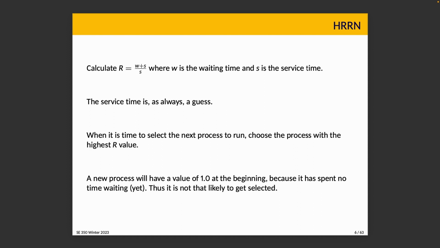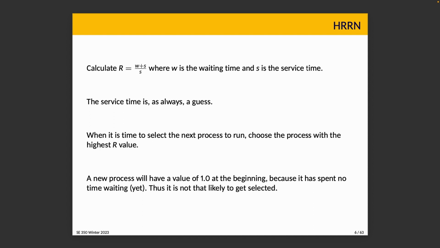This is calculated for each process. When it's time to select the next process to run, we choose the process with the highest R value. W plus S divided by S produces some number. It could be greater than 1 or less than 1, but whichever has the highest value.